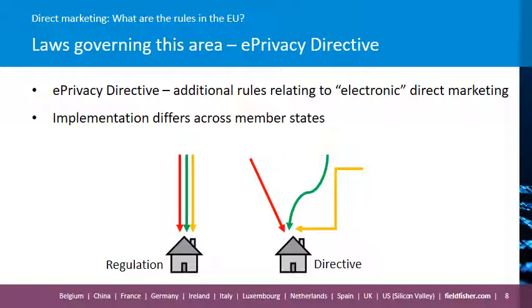So what that means is that the rules relating to electronic direct marketing under the ePrivacy Directive do differ slightly across different EU member states. There's a little bit of fragmentation in the way that different member states have implemented the directive. Now, I should mention at this point that the EU is currently in the process of looking to replace the ePrivacy Directive with a new ePrivacy regulation.